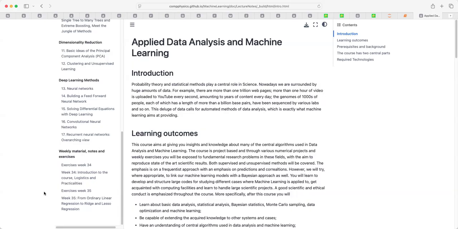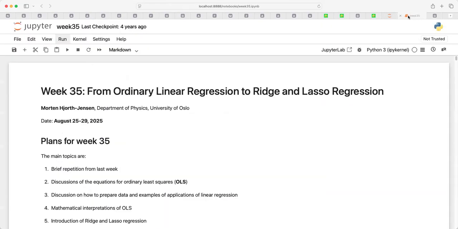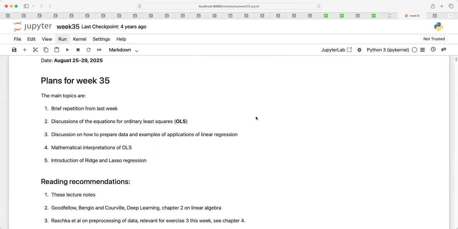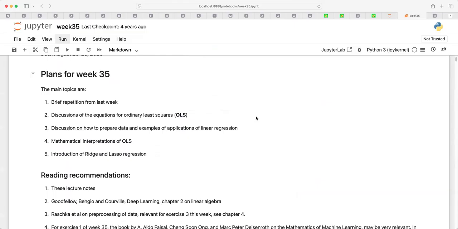So the plan today, if you had time to skim through the Jupyter notebook, is first a quick repetition from last week, and I'm going to use the Jupyter notebook to do that. Then we are going to look at the equations for ordinary least squares again. This is something which many of you may have seen in a standard linear algebra course, but we are going to go through the derivation, and that links up with the first exercise this week.